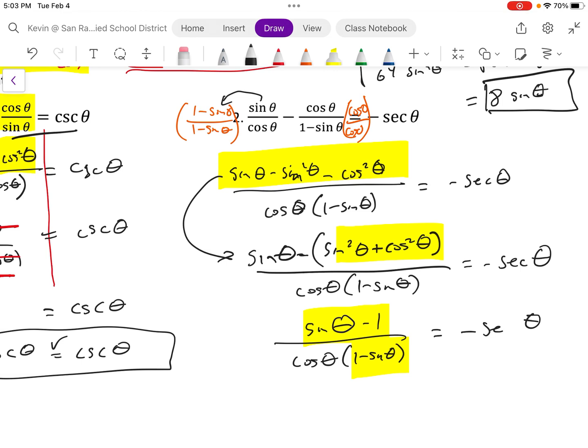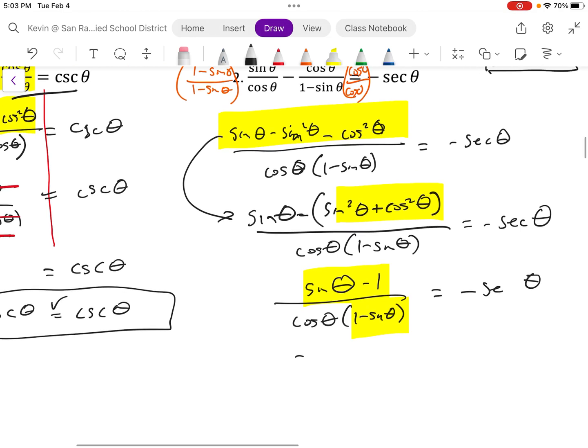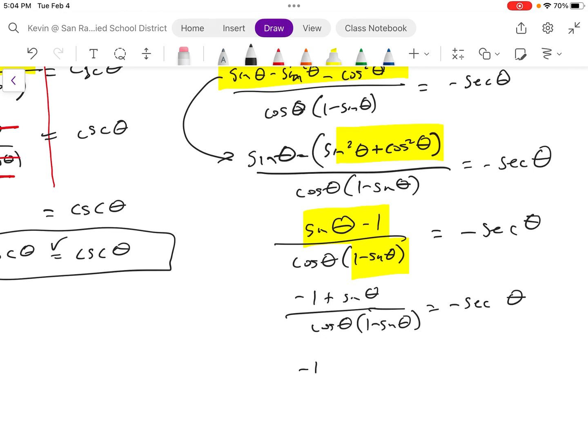So in essence, this can be rewritten as negative 1 plus sine theta over cosine theta times 1 minus sine theta equals negative secant theta, if I factor out a negative 1, which is in essence what I'm doing. This is going to be 1 minus sine theta.